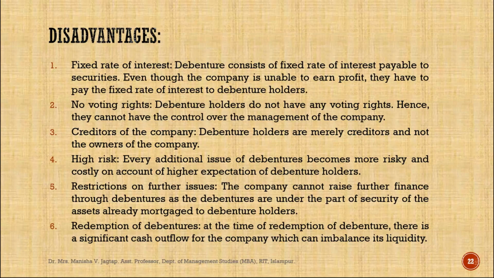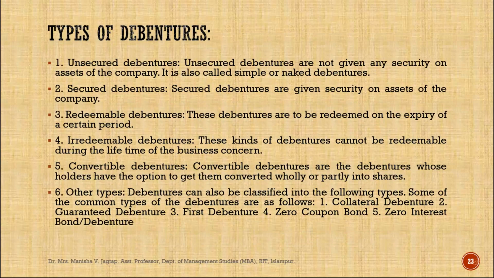At the time of redemption of debentures, there is a significant cash outflow for the company which can imbalance its liquidity. So these are the various disadvantages the firm has to consider before going for the issue of debentures. Let us see the types of debentures.